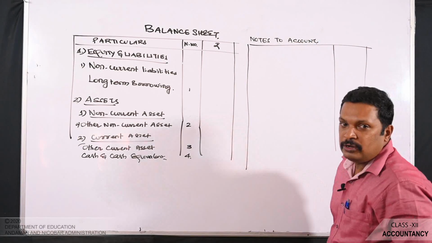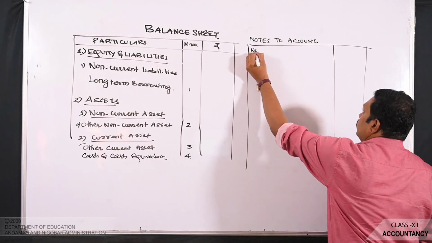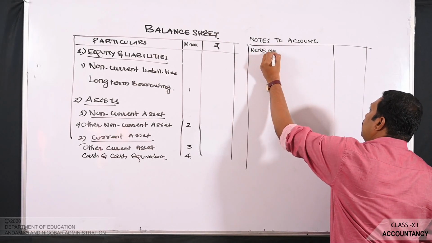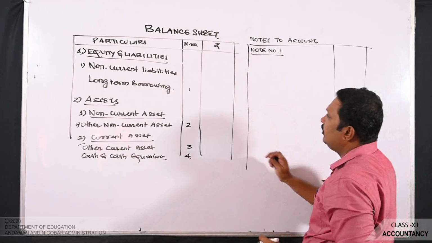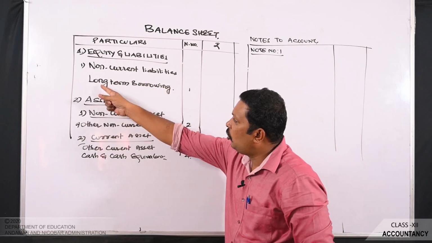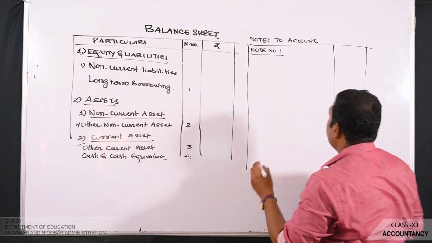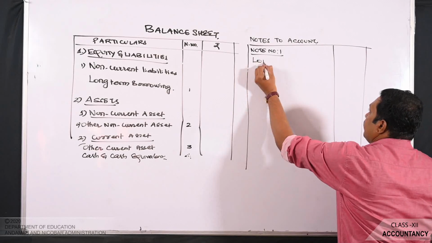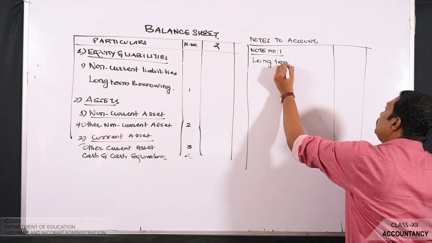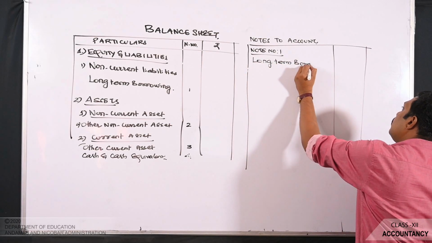What is the first note? Note number 1. What is note number 1? The note number 1 is long-term borrowing. So you have to write here long-term borrowing.